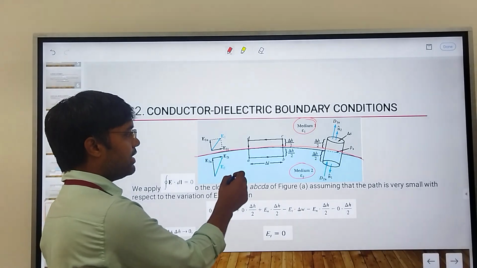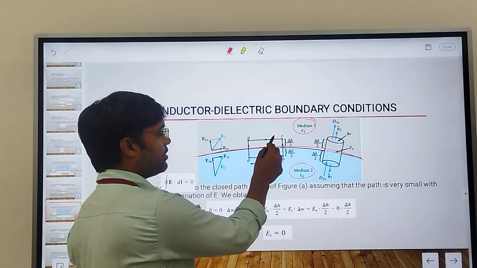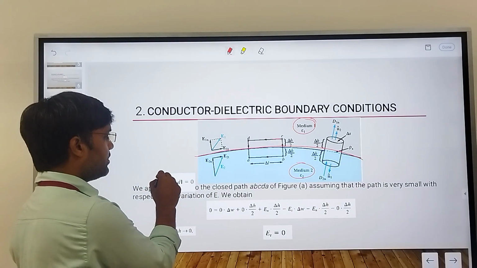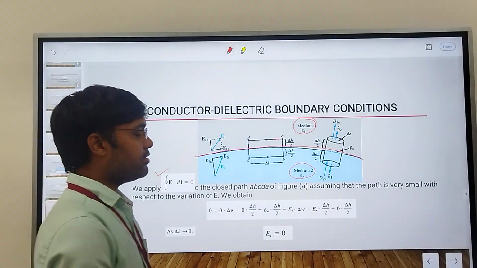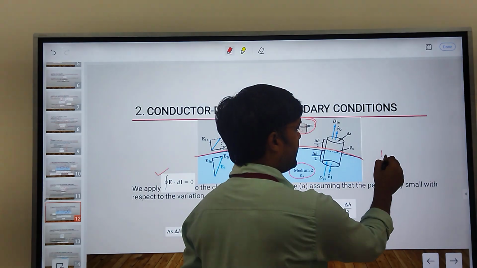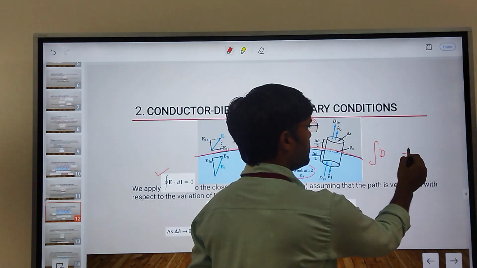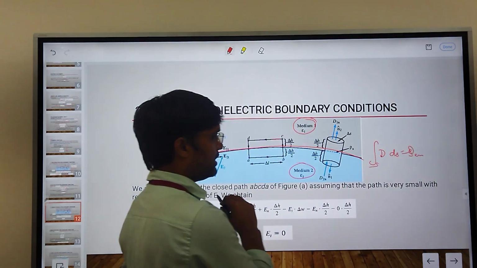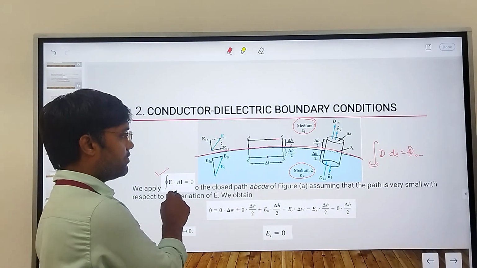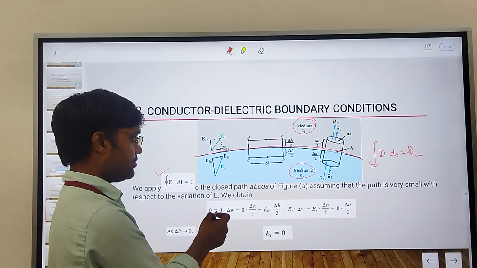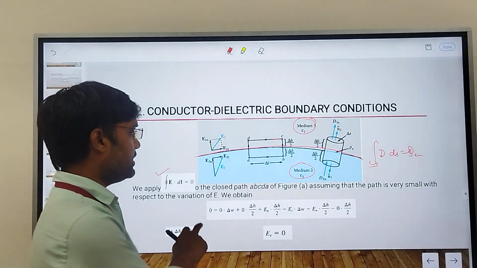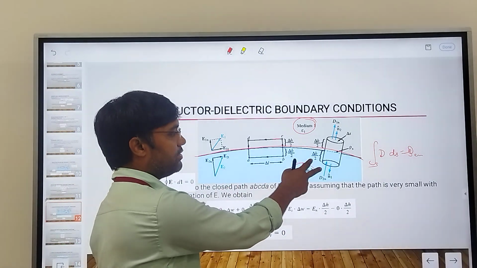Same as before, we have taken a rectangular section of very small height to apply E dot dl equal to 0, and for the cylindrical section we will apply D dot dS equal to the charge enclosed. This is Maxwell's first equation and second equation. So one by one we will apply these equations in figure 1 and figure 2.